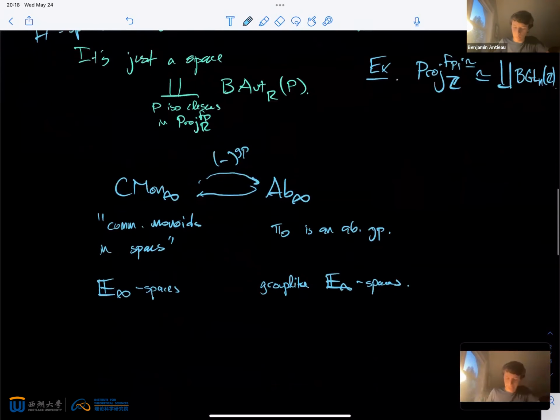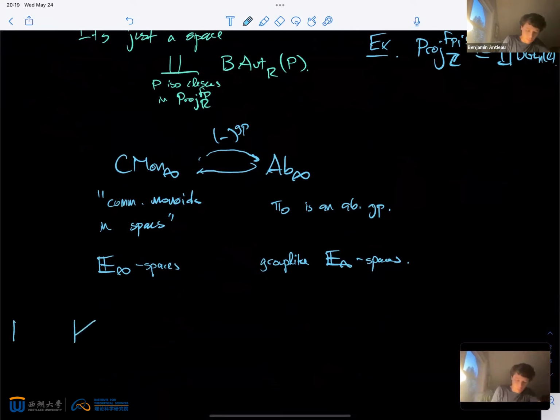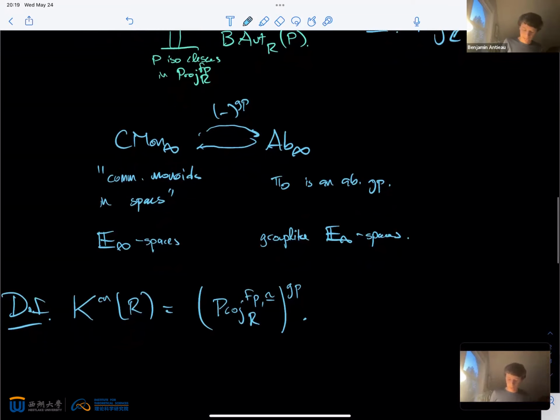Okay, and now the connective K-theory of a ring R, I take proj R finitely presented, and this is an E infinity space, and I group complete it. And K_i connective of R is pi i of the resulting space.